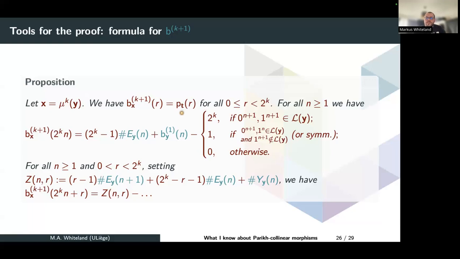I don't want you to read this very carefully. The point is that when we're getting a formula for counting the k+1 complexity of x, we can see we're counting the number of edges appearing in the abelian Rauzy graph of y.